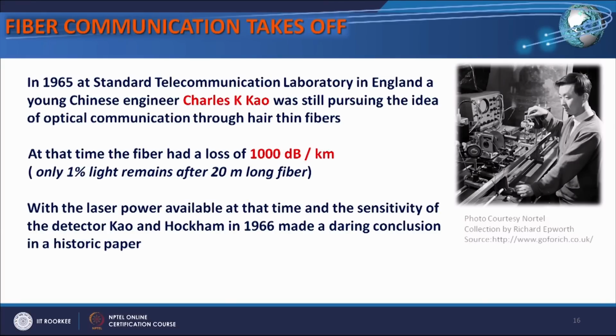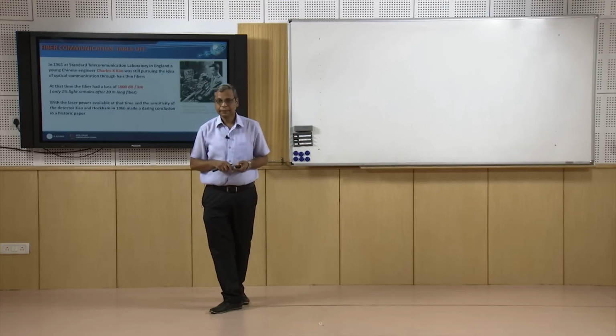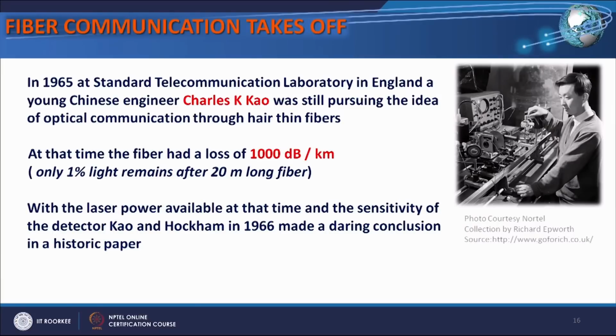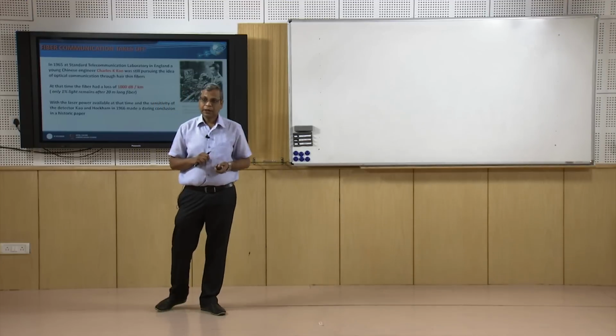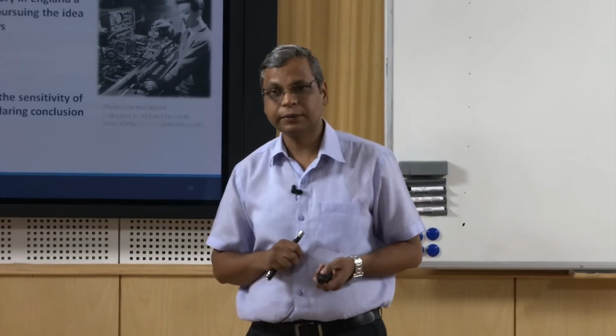Charles Kao and George Hockham very carefully studied everything that was available at that time: the lasers and their power, the detectors and their sensitivity, what is the weakest level of light intensity or light power the detectors could detect, and the fiber itself, how fiber is made, what are the sources of losses in optical fiber.